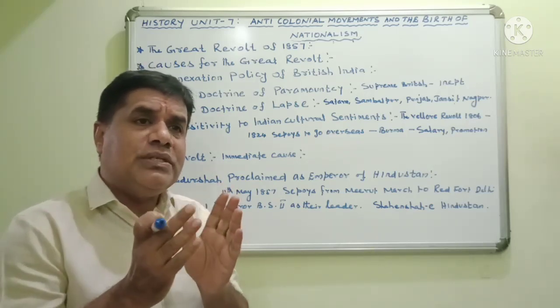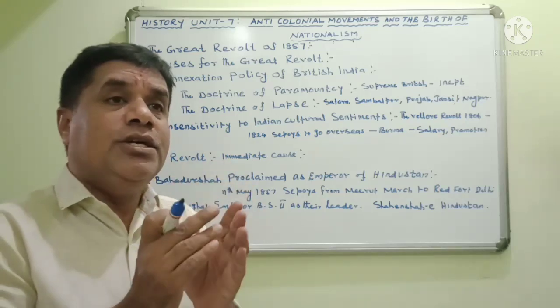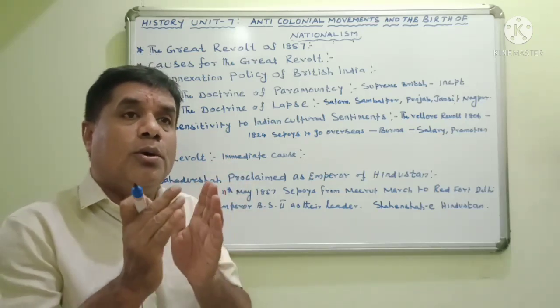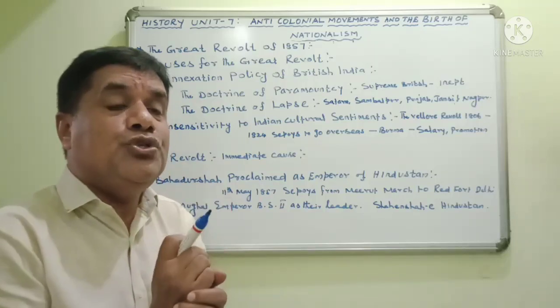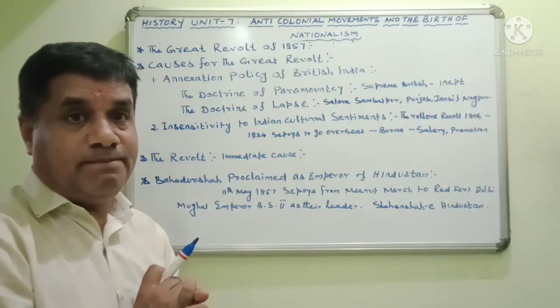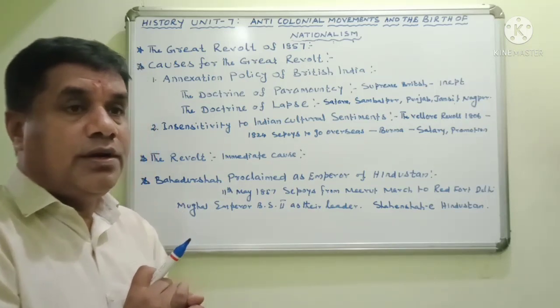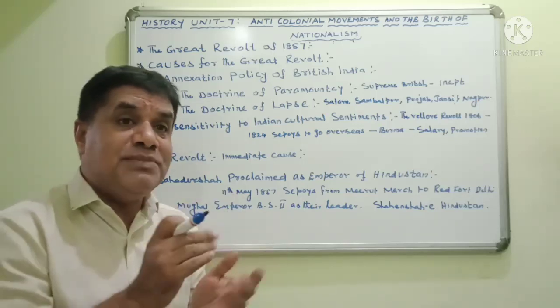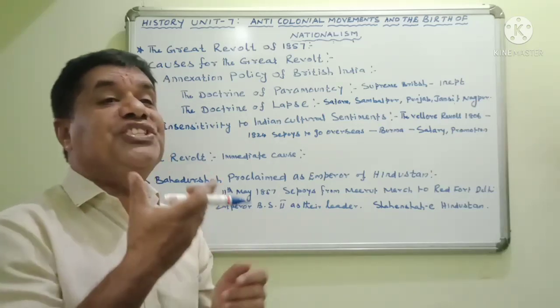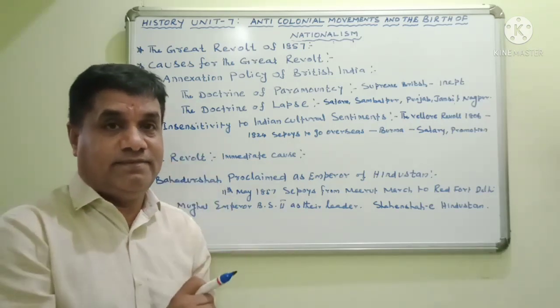The Britishers refused to give the Hindus permission to smear the caste marks on their forehead, and the Muslims were made to shave their beards and trim their moustaches.